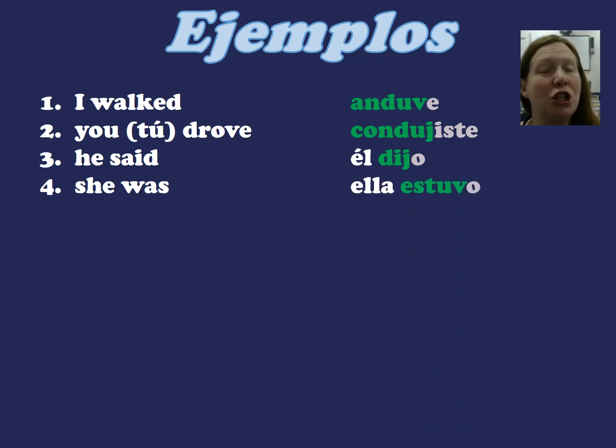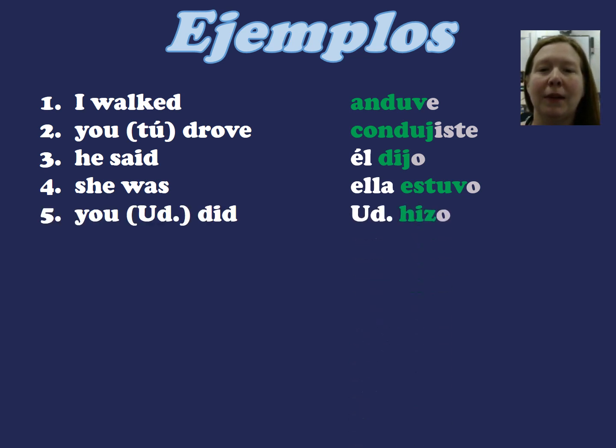Now remember that she was can also be ser. So although I could say ella fue, in this case, I'm telling you just to use these 12 verbs. In real life, you're going to have to determine whether it's she was more of a permanent condition, that's going to be ser, or she was in a place or she was in a certain emotional state, that's going to be estar.